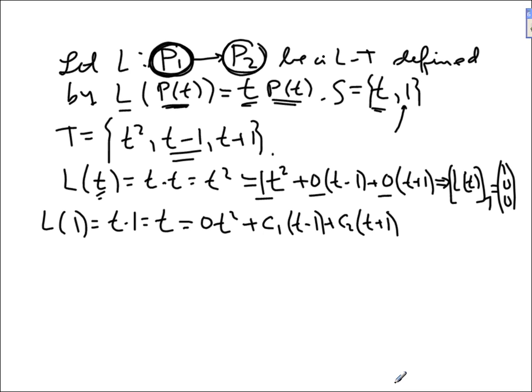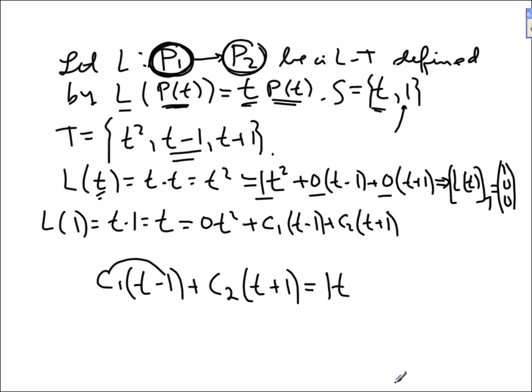Now, you really need to start to think. A multiple of t minus 1 plus a multiple of t plus 1. And we want to get just 1t. That is, we want the constant to be 0. Here we have negative C1, and here we have plus C2.